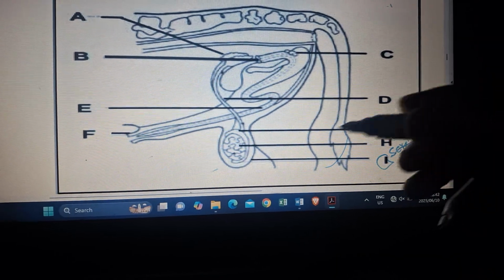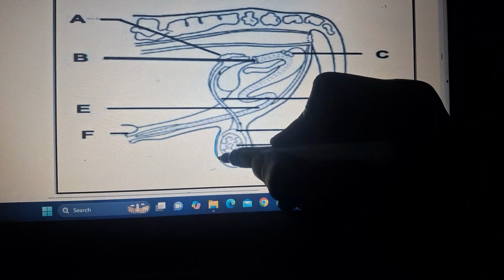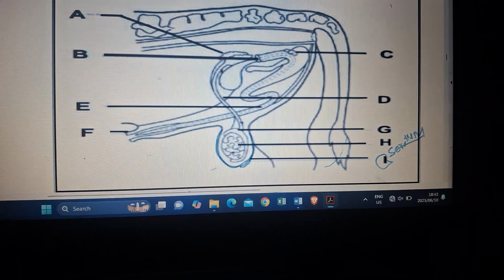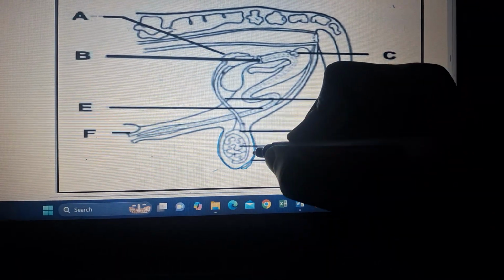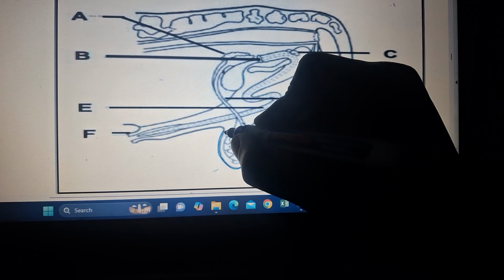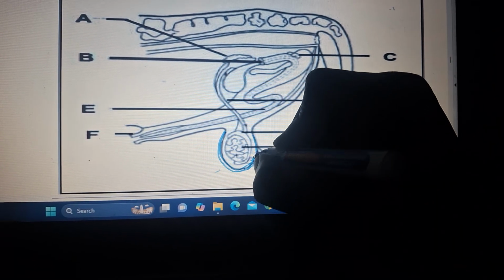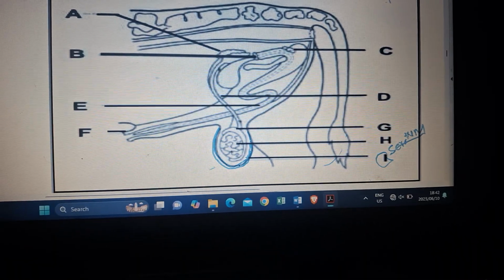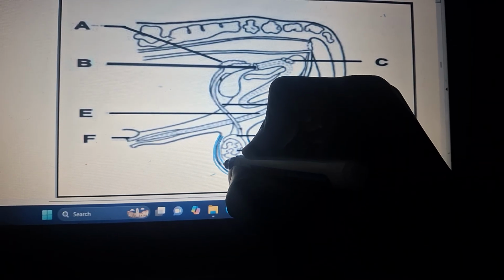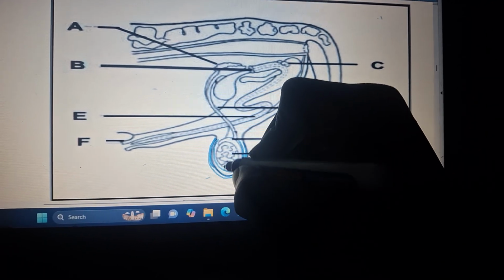A scrotum is a bag-like structure that holds and protects the testes. So we can tell that the testis inside the oval-shaped ball is protected by what? By this bag-like structure that is called what? Scrotum. The second protection of the testis, we also have a membrane that is found inside the scrotum.